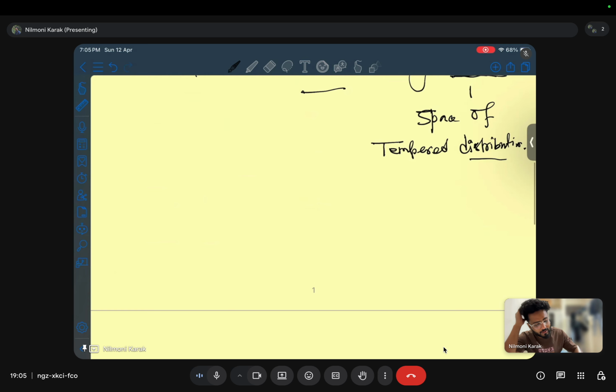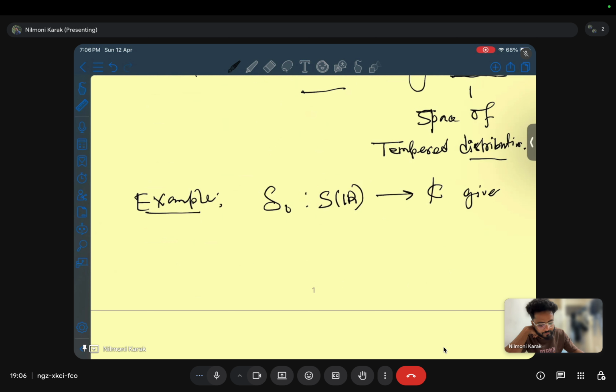The first simple example is the Dirac delta distribution. This is a map from S(R) to C given by f goes to f(0).